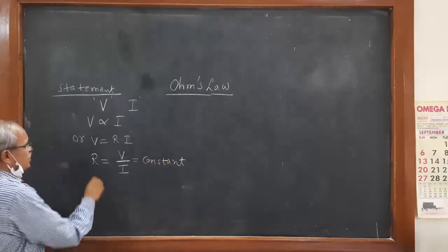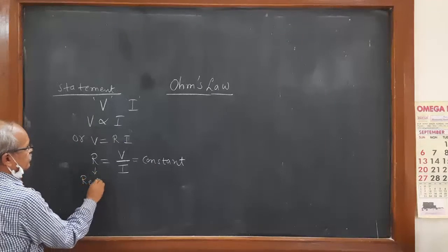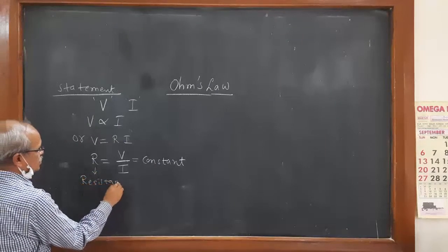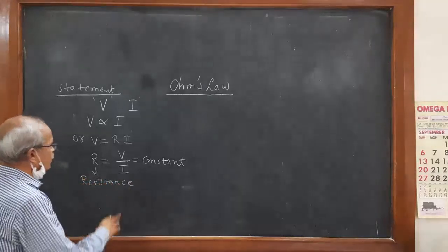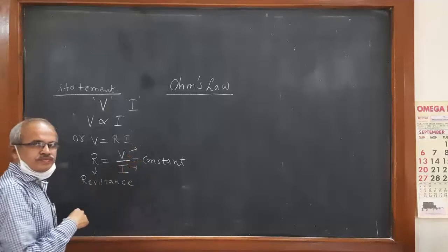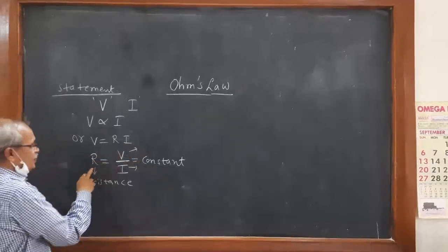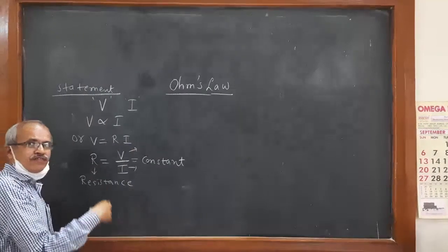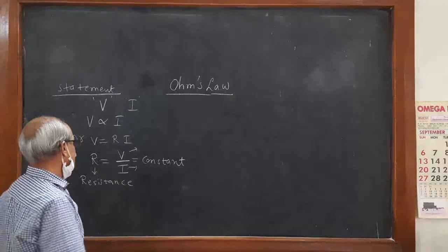So this R is called the resistance of the conductor. V divided by I means what? As V increases, I increases, so that the ratio is constant. That ratio is called the resistance of the conductor.